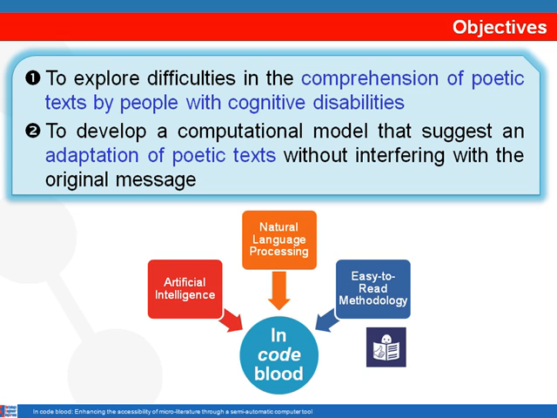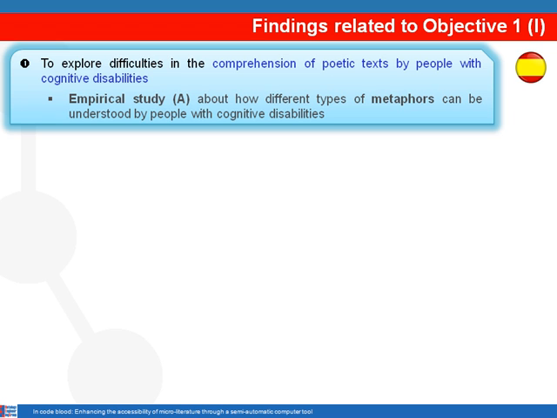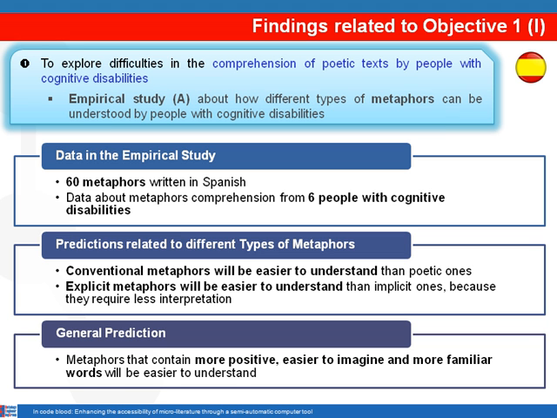With respect to our first goal, which is to know the main difficulties people with learning disabilities find in poetic texts, we performed a first empirical study. This study was focused on analyzing how different types of metaphor are understood by this sector of the population. For this study, we used a dataset of 60 metaphors written in Spanish.